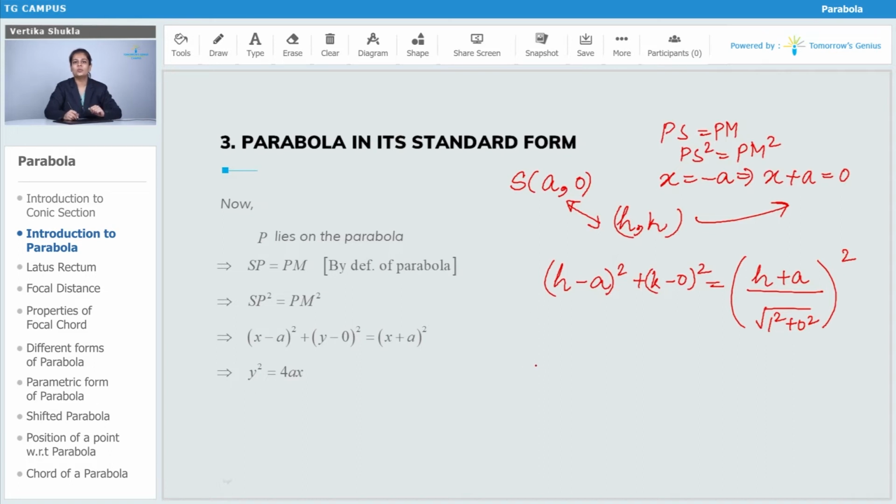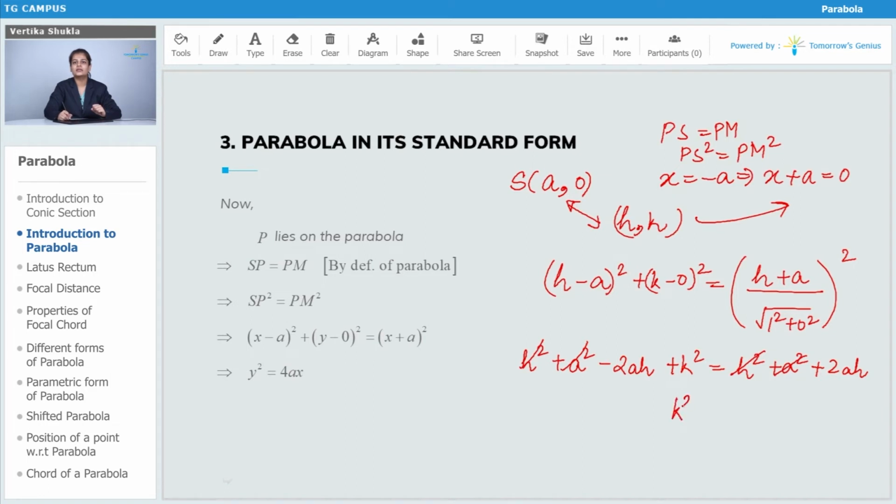Now expand this, you will get h square plus a square minus 2ah plus k square is equal to h square plus a square plus 2ah divided by 1. You don't need to write 1. Now the h square and a square will get cancelled on both sides.